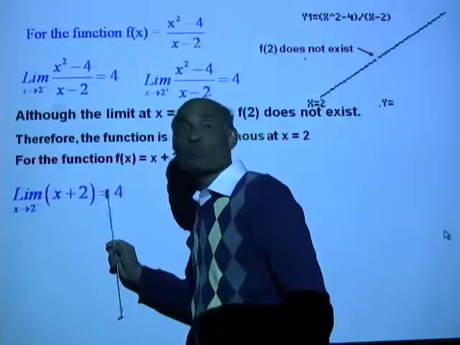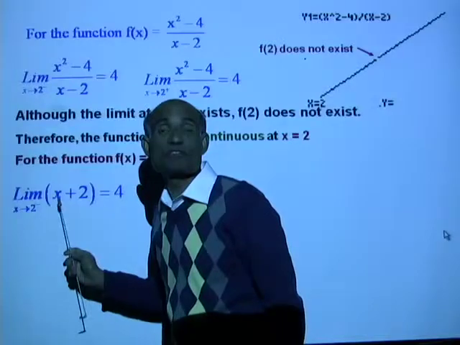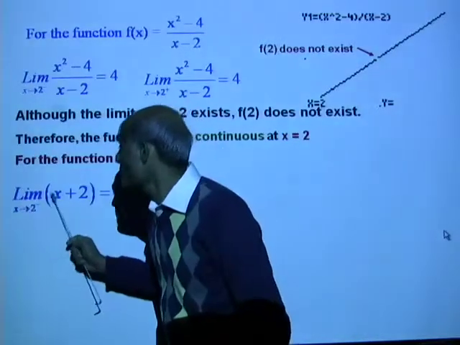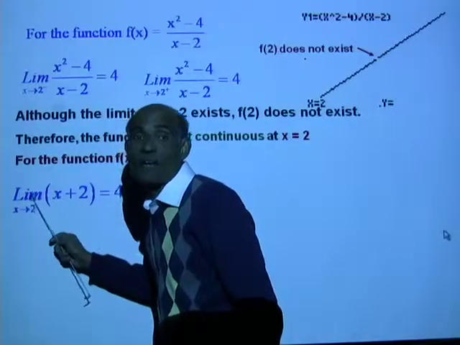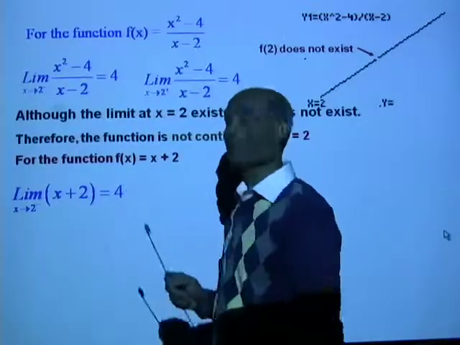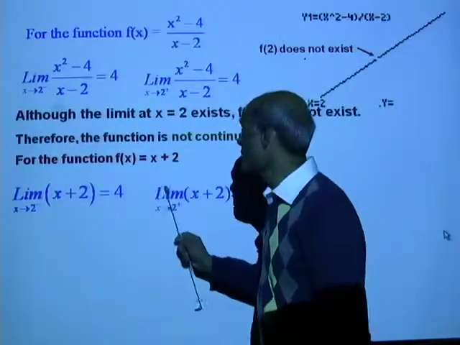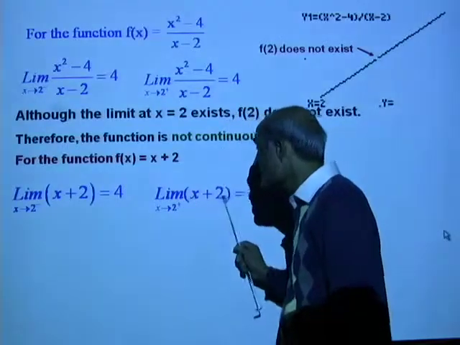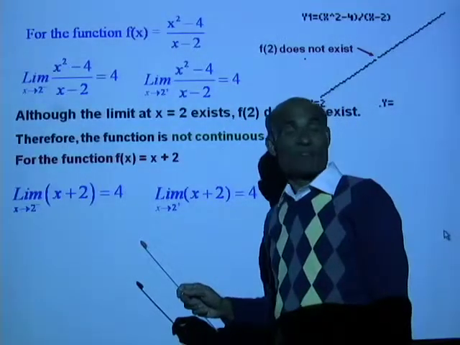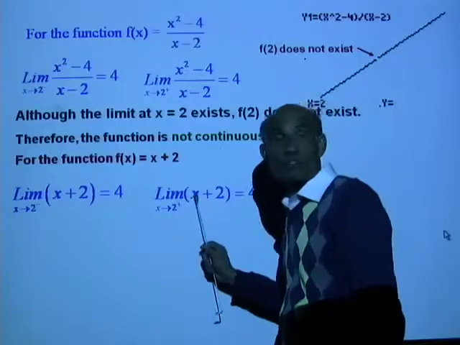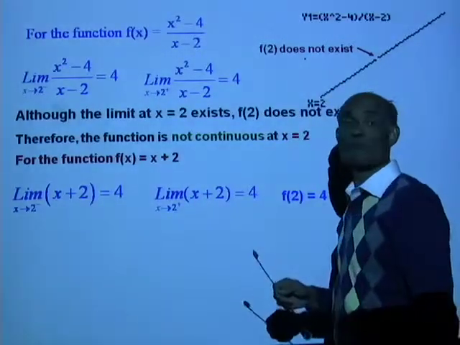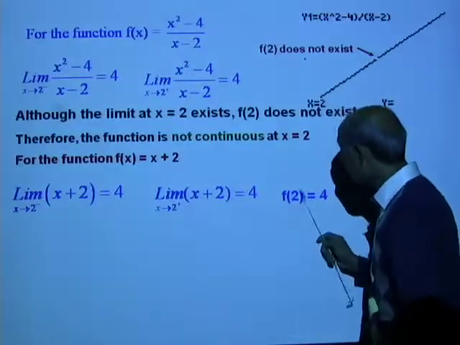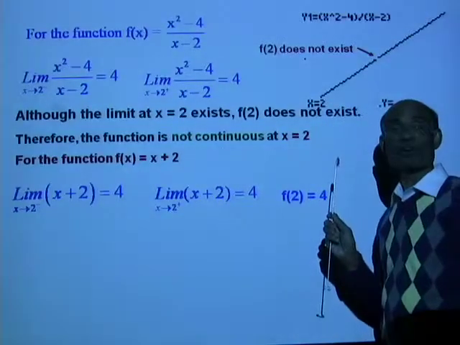Its value will be 4, because all we need to do in a continuous function is to replace x by the value of c. So that limit will be 2 plus 2, that is 4. How about limit x approaches 2 from the right of x plus 2? Again, this is a continuous function. Replace x by your c, and you get 4. And also, f of 2 equals 4.